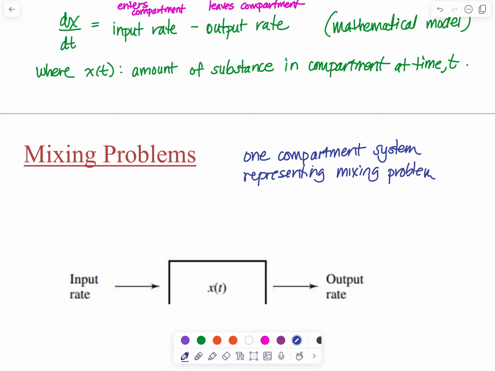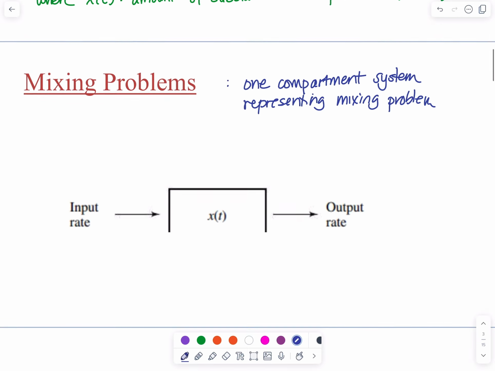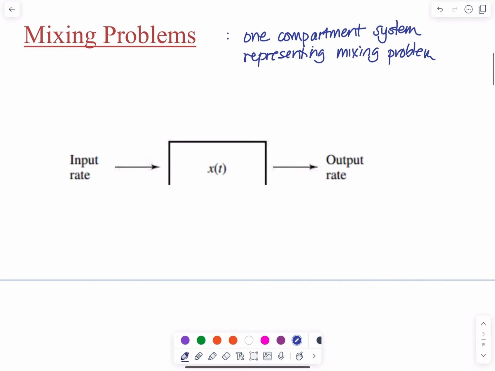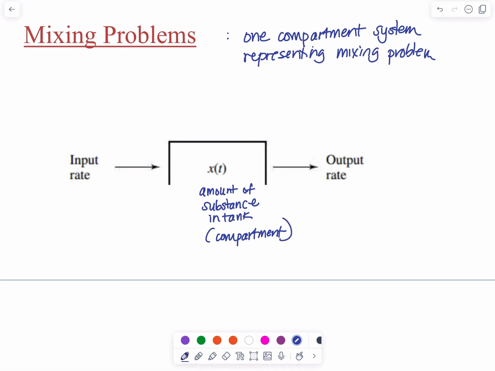As you can see here in this diagram, x of t represents the amount of substance in the tank, or you could say in the compartment. And you can see the rate of the substance entering the tank and the rate that the substance leaves the tank.